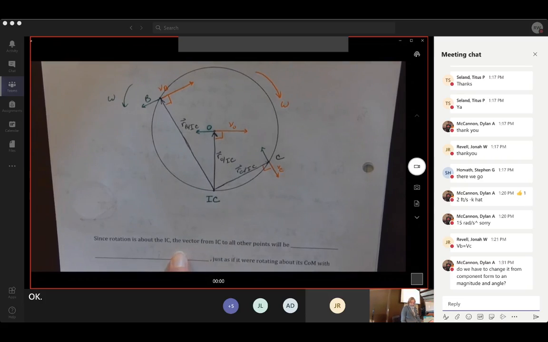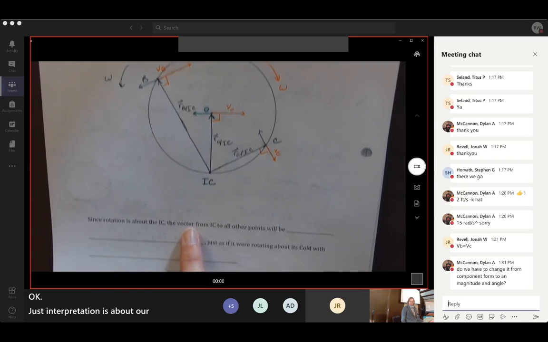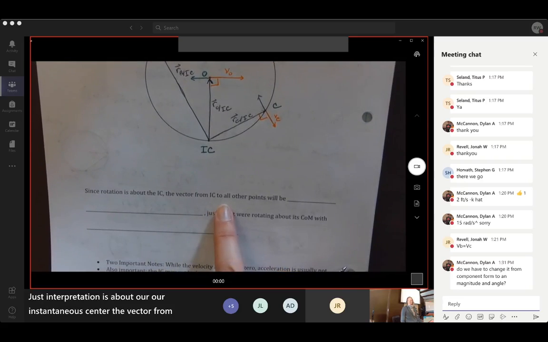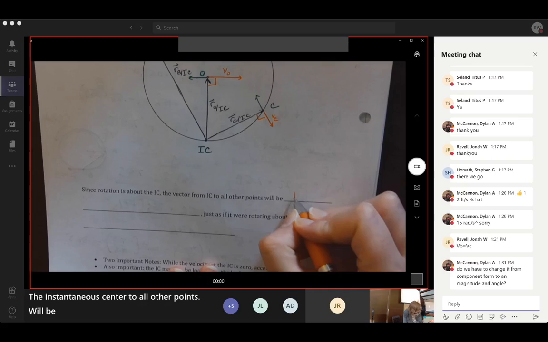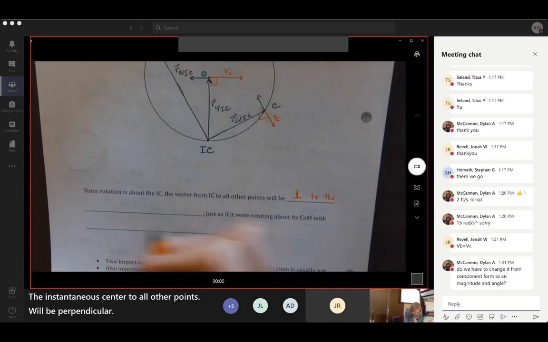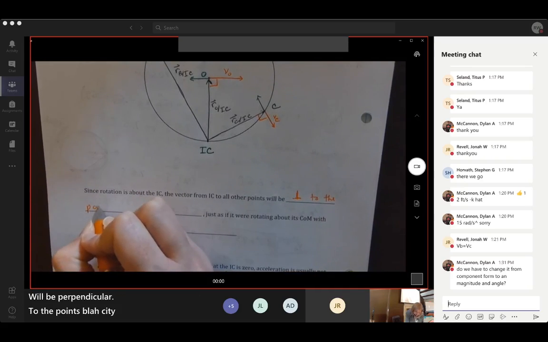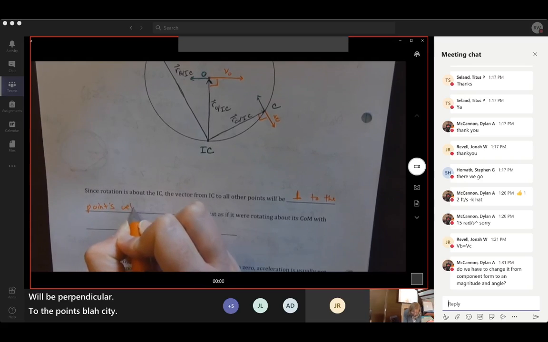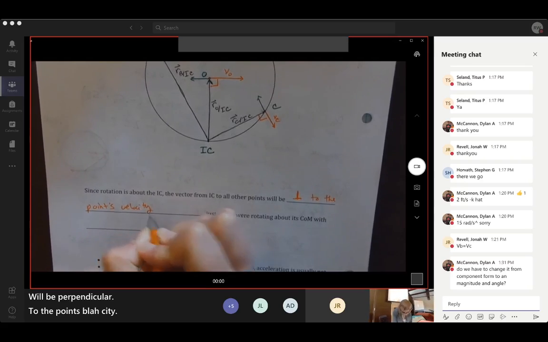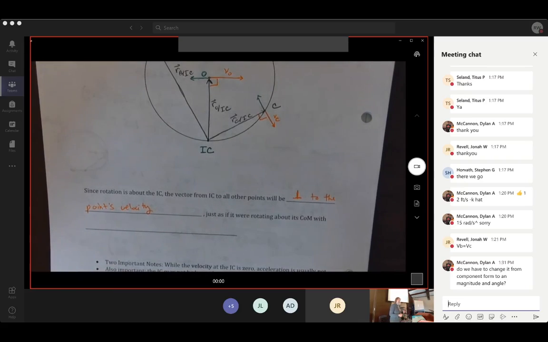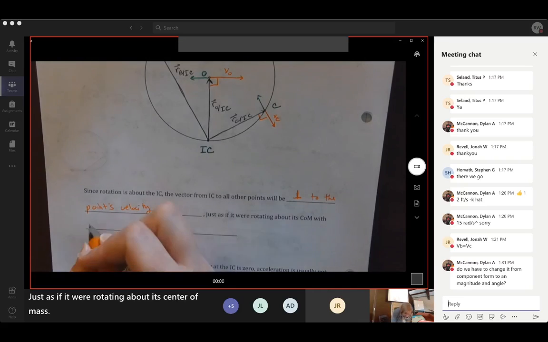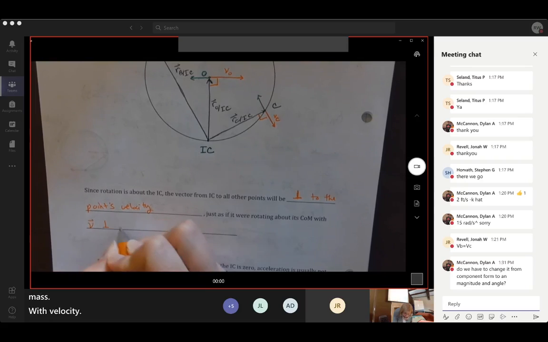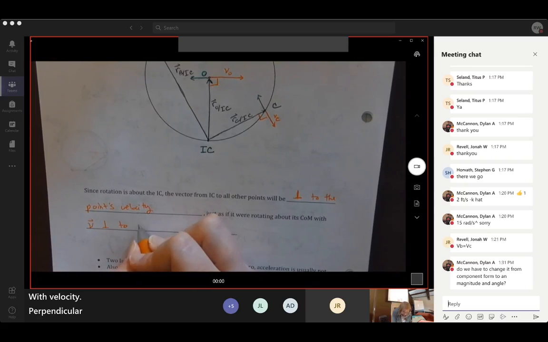So since our rotation is about our instantaneous center, the vector from the instantaneous center to all other points will be perpendicular to the point's velocity. Just as if it were rotating about its center of mass, with velocity perpendicular to the radius.